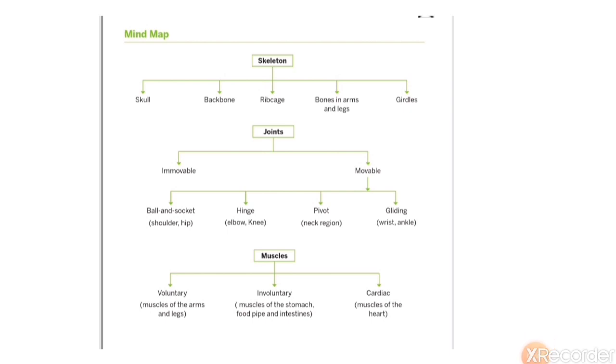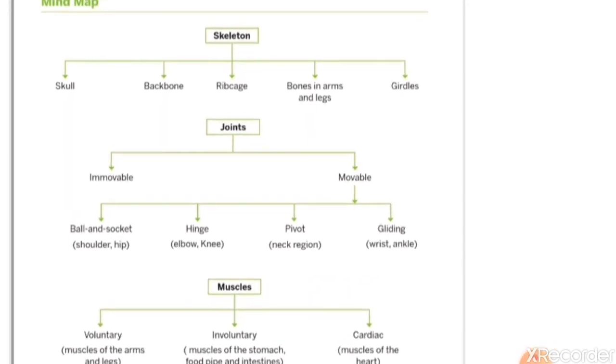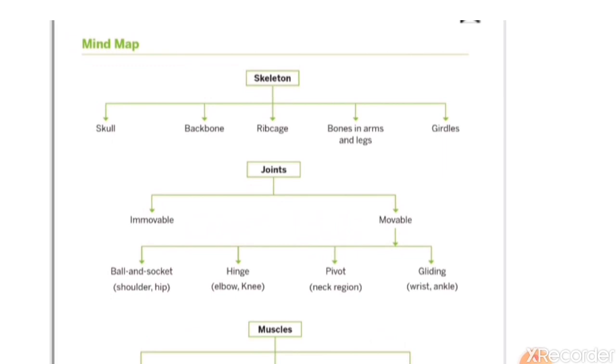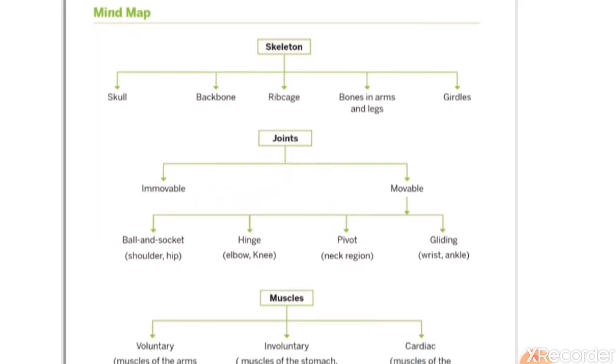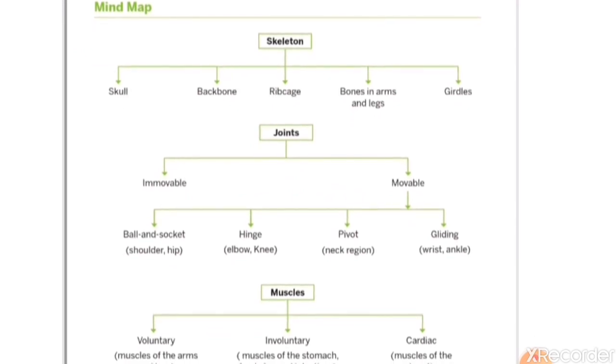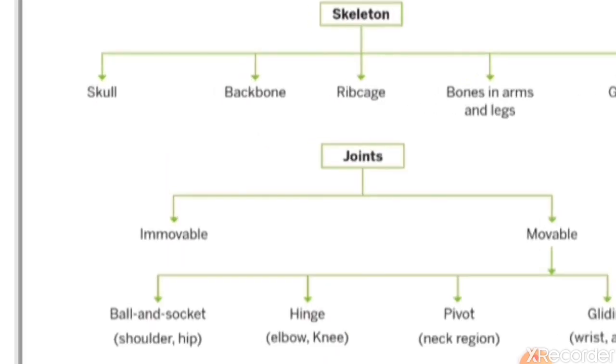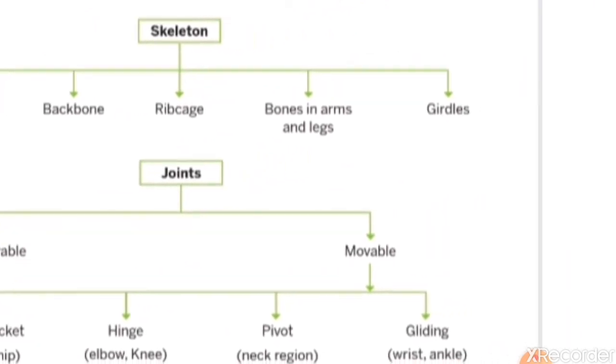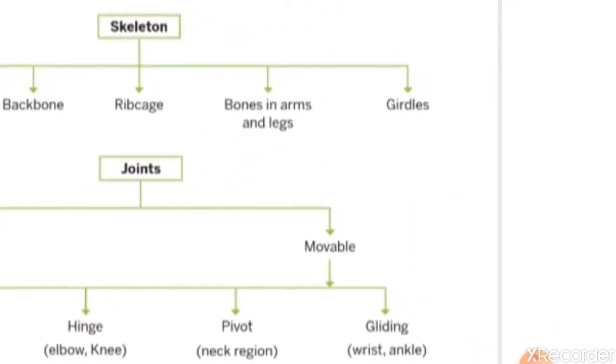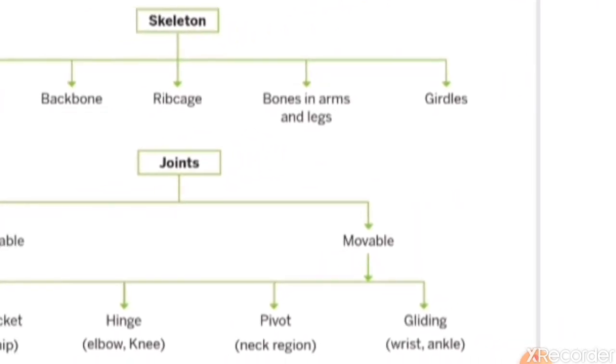Now come on page number 28. On page number 28, a mind map is there. Here you can easily remember so many things with the help of this web chart. Okay, like first is given skeleton. In that 5 major types of bones are mentioned, like skull, backbone, rib cage, bones in the arms and legs, and girdles.